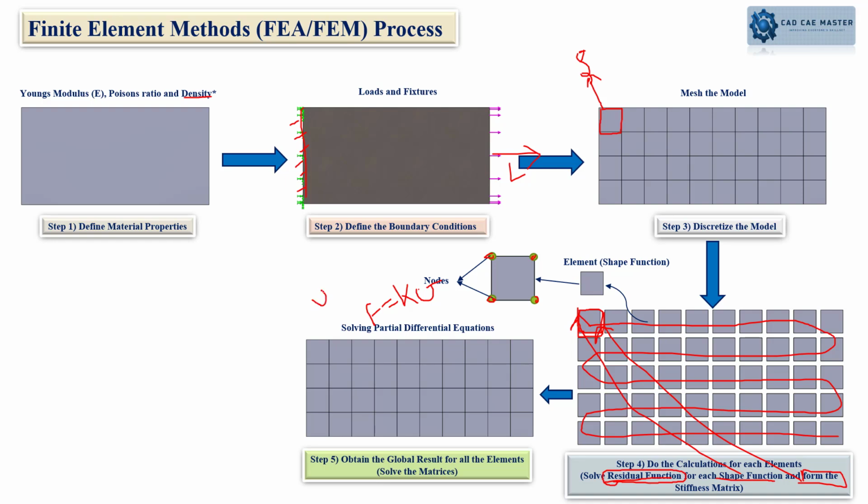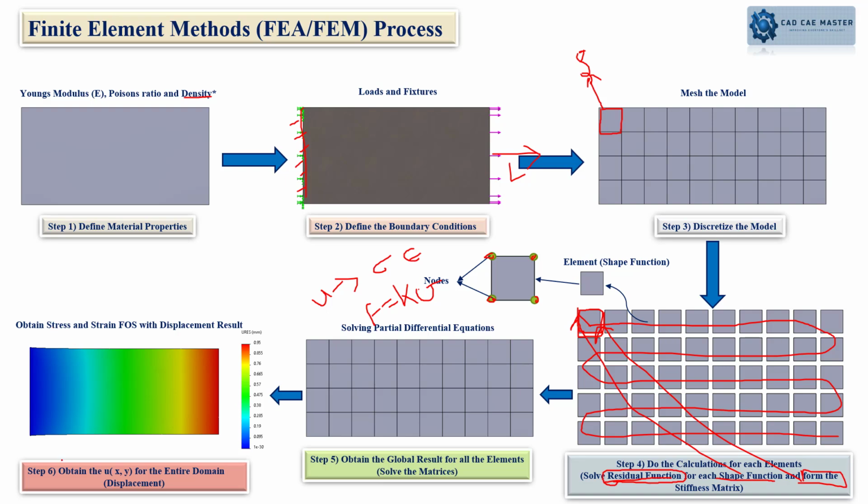Okay, and then this will be taken to derive the stress and strain values, and then finally we're gonna get the results in the form of the displacement for the entire domain, and with respect to this we're gonna obtain the stress, strain, FOS. So I hope this particular process is complete and it is explainable for you guys.